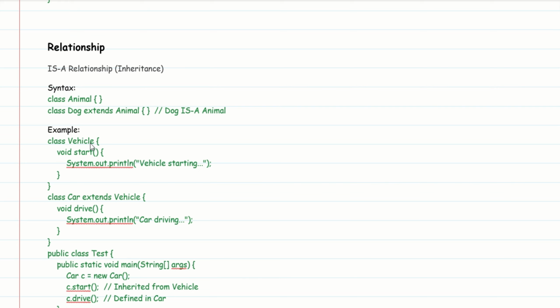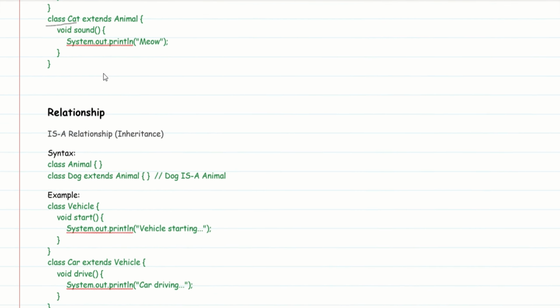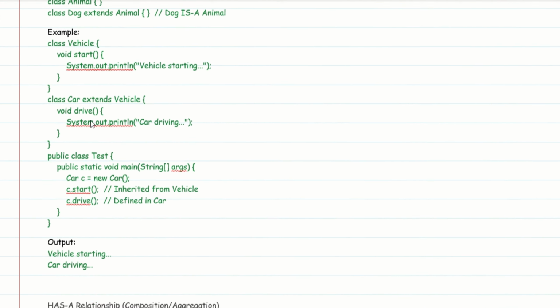You can see here I have a class Animal and a class Dog which extends Animal, which means Dog is an Animal, so here we are using the is-a relationship. The previous example also used the is-a relationship: whenever you inherit any class, it is an is-a relationship.